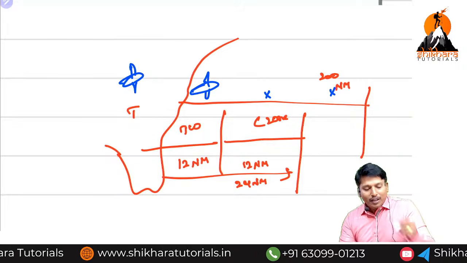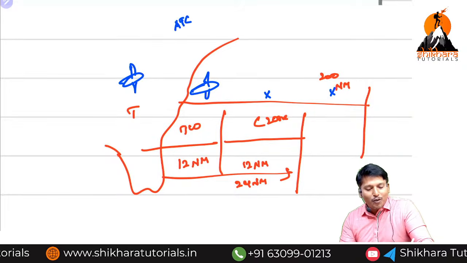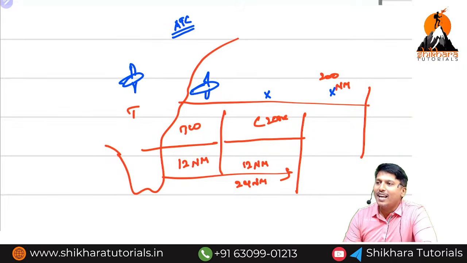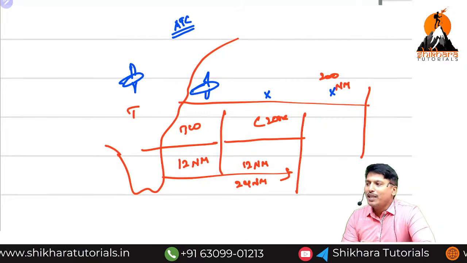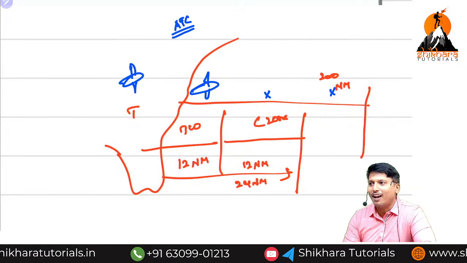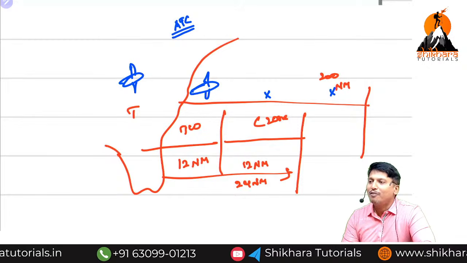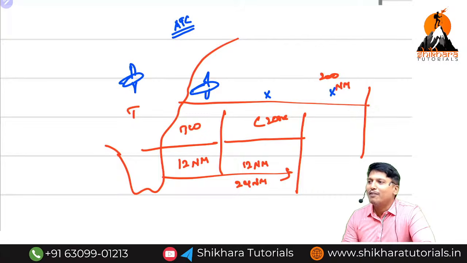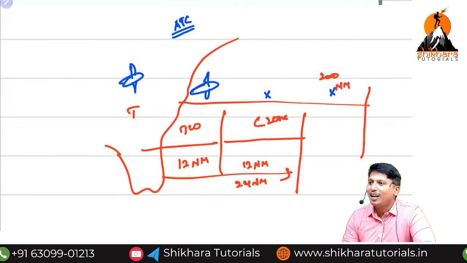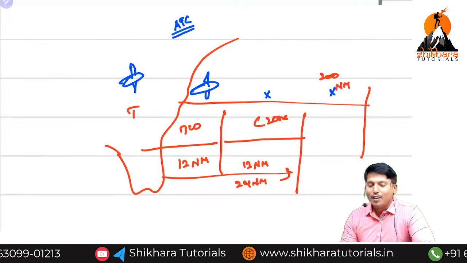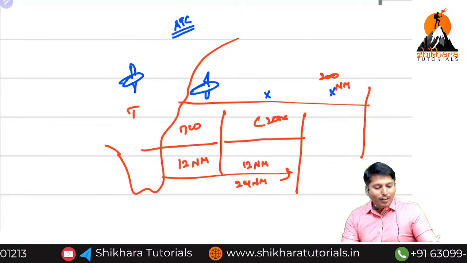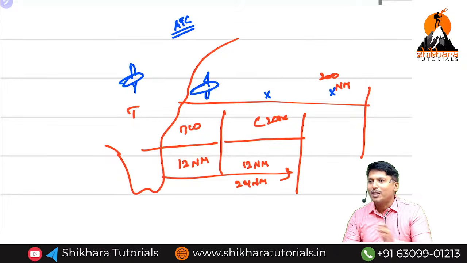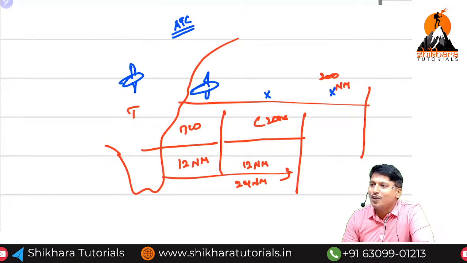Airspace is under the control of ATC, Air Traffic Control, which means if any unauthorized flights fly in that area without the permission of India, automatically our missile system is activated and it will be blasted. So the airspace above the contiguous zone and above the exclusive economic zone does not belong to India.